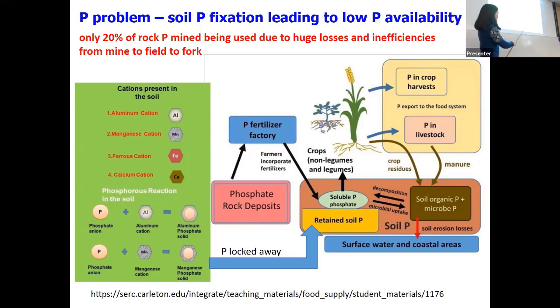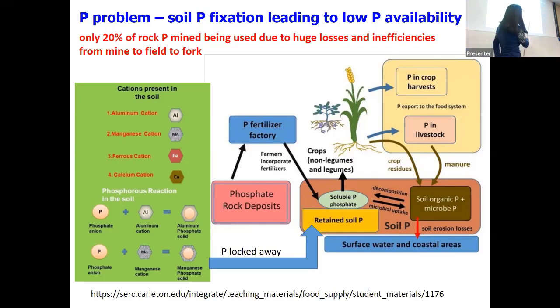A very large proportion of phosphorus will be fixed by soil particles, so that part of the phosphorus will be locked away. For example, in acidic soil, phosphorus will be locked away by oxides, hydroxides, aluminium, and iron, and in alkaline soil it will be locked away by calcium. So that part of phosphorus is not available for most plants.